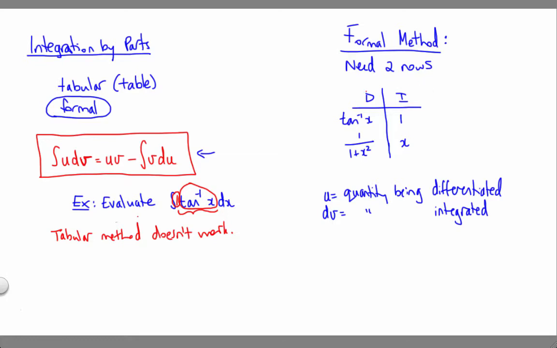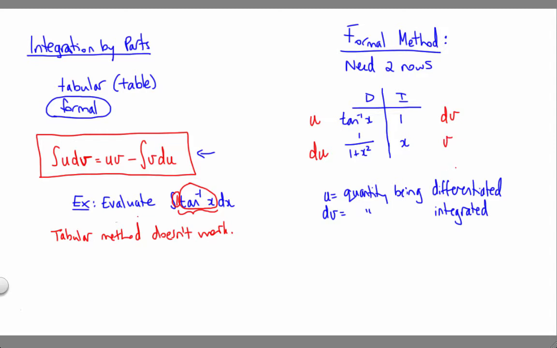Let's go up to our table and label these 4 different functions. The quantity that's being differentiated, arctan x, we're going to call u, and its derivative, we're going to call du. The quantity that's being integrated, we're going to call dv. In this problem, 1 is acting as the dv, and whatever its integral is, we're going to label v.